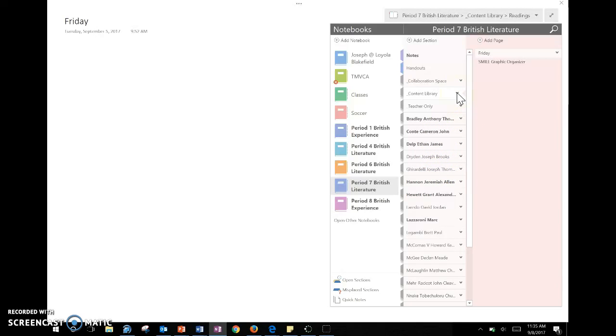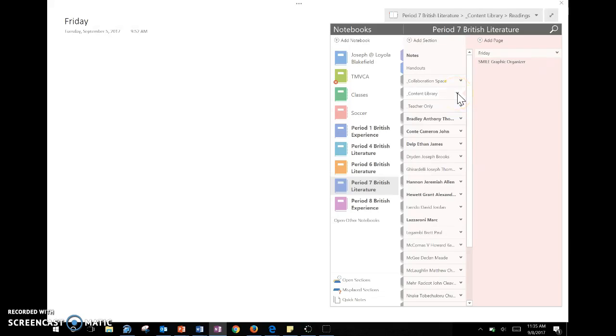So what I want to show you is how you can share content and information with the students directly through the class notebook. If you look at the content library and the collaboration space, these are spaces that all the students in this class notebook will have access to.